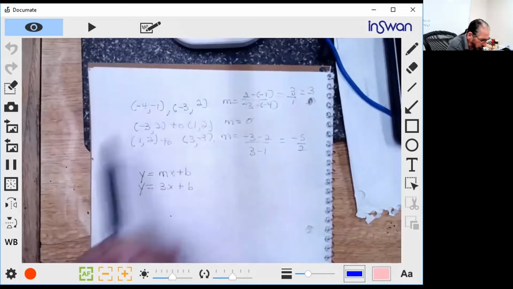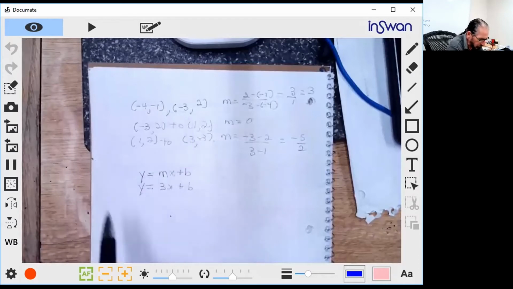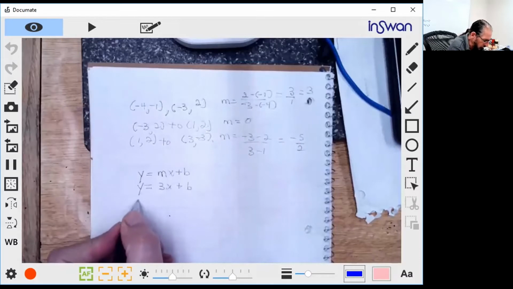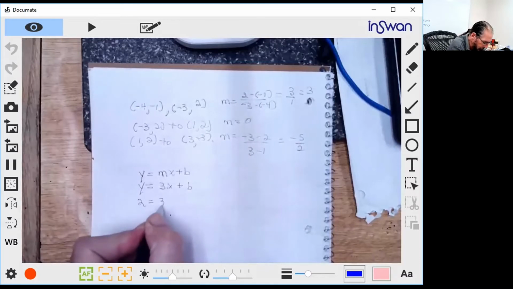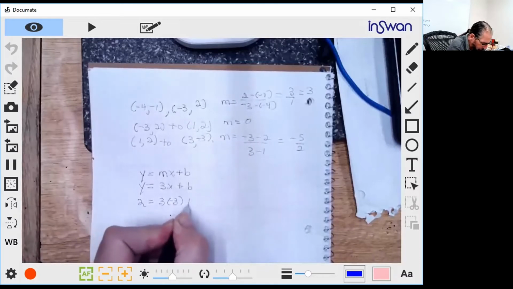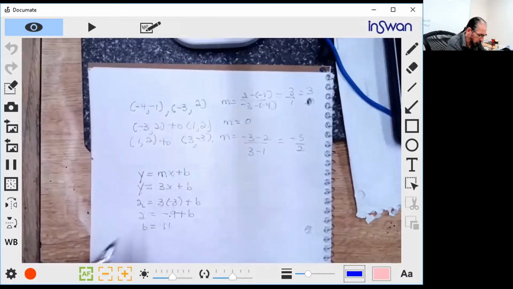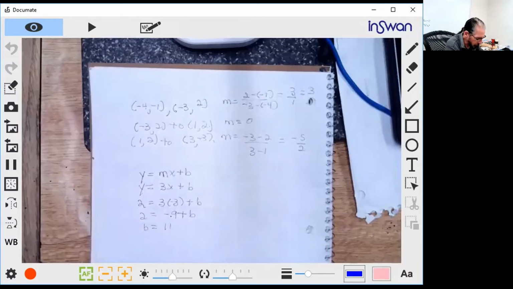You could put in either point you like for x and y respectively. I'm going to plug in the -3, 2 here. And that's going to give us that b is equal to 11. So in between those 2 points, we're dealing with a portion of the line that has the equation y equals 3x plus 11.